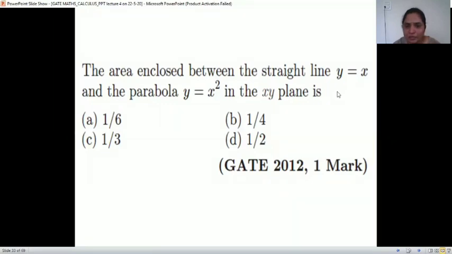And then the area means double integration. So any one strip you can draw, either parallel to x or parallel to y.